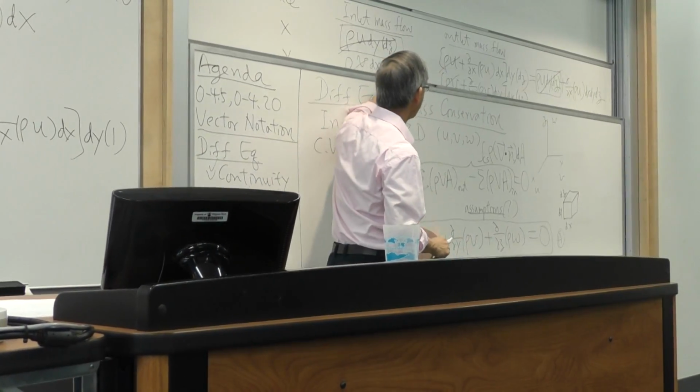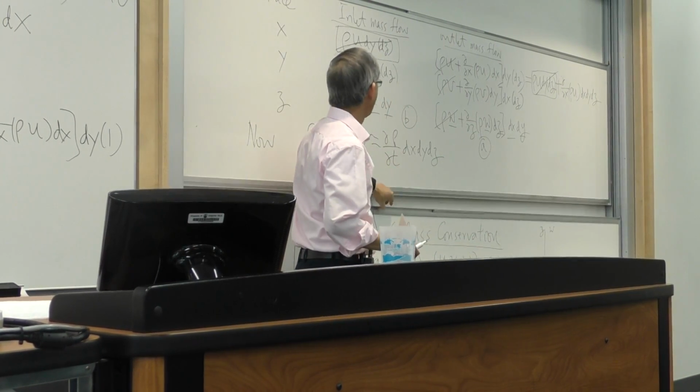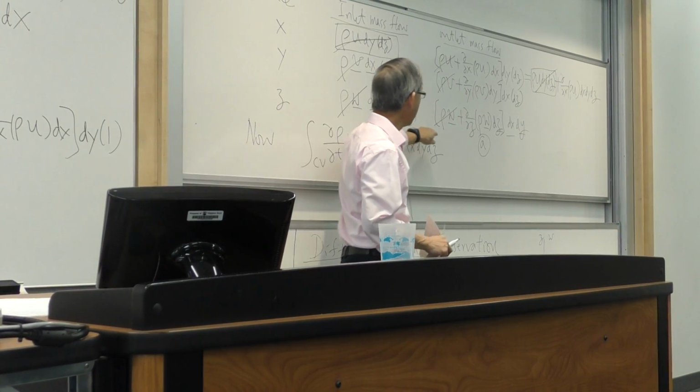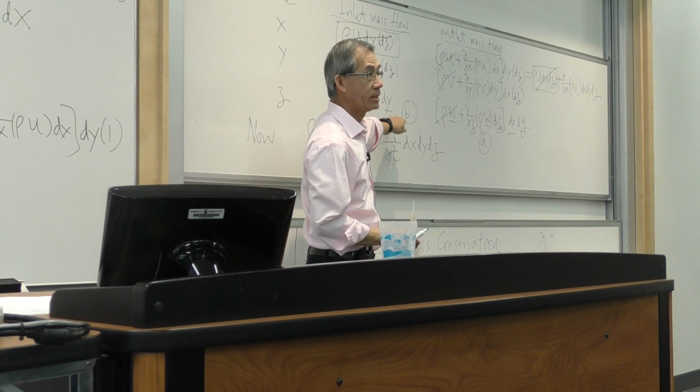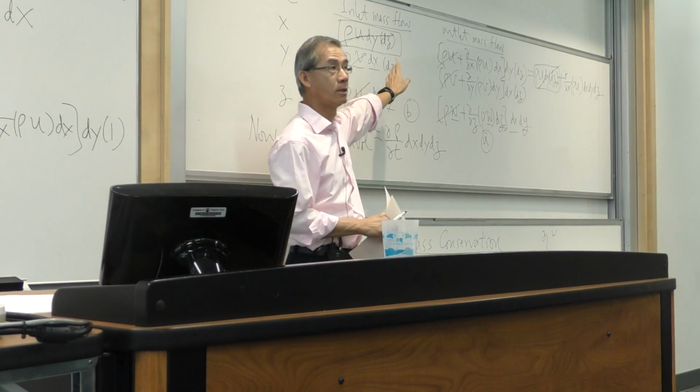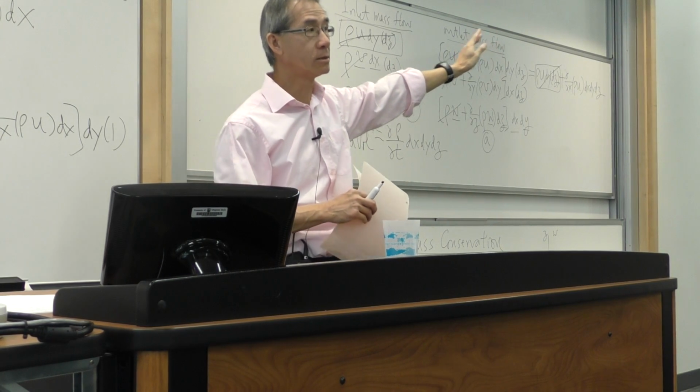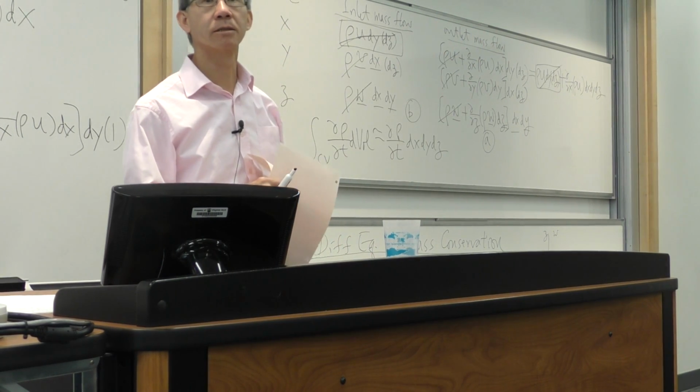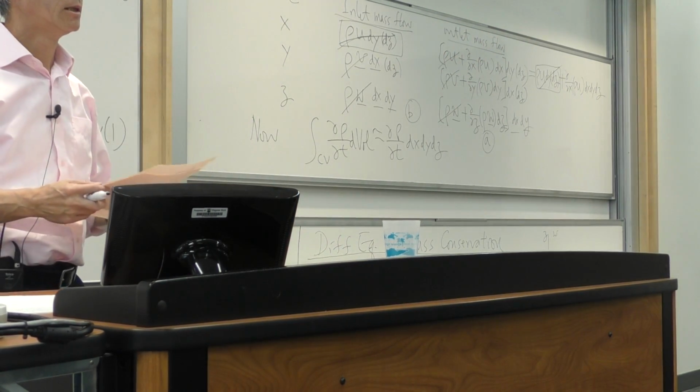And when I do that, I'm doing nothing but taking column A and subtracting column B. And the first term, that's the theta term, appears on both sides, and it just disappears. Yes, any questions? Okay?